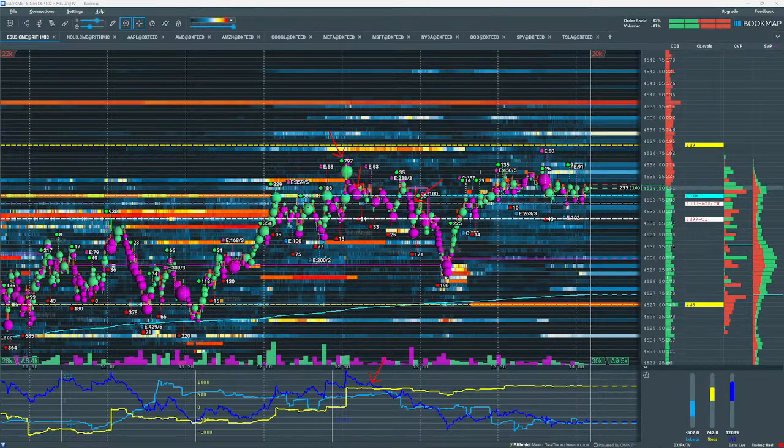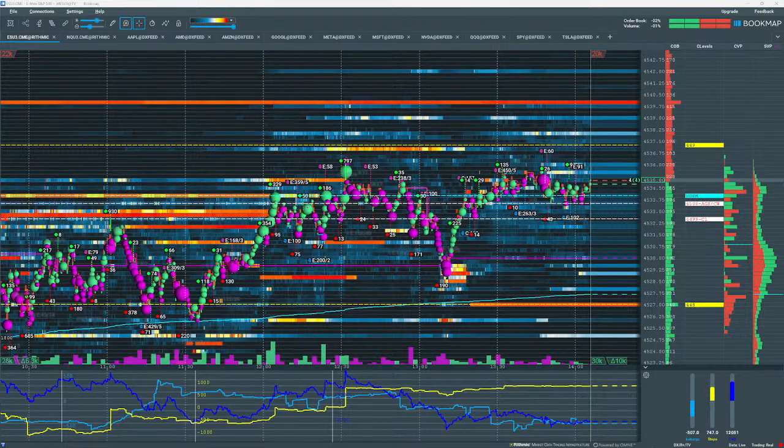So a short scalp. And remember, in a positive gamma environment, we're not looking for a lot of range today. Okay, so let's go back to Hero now.